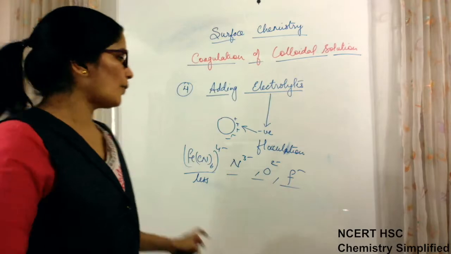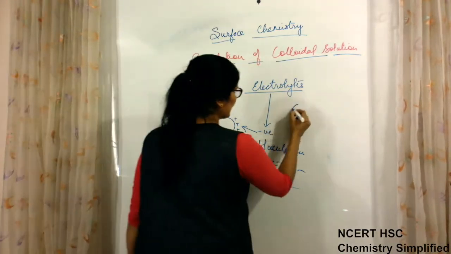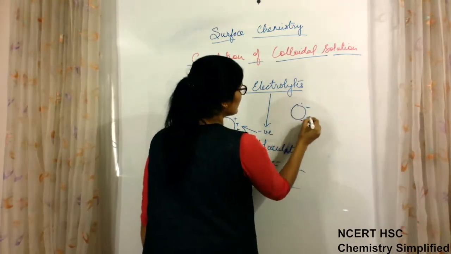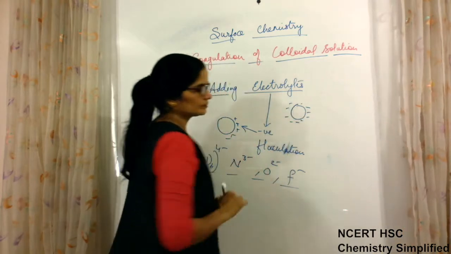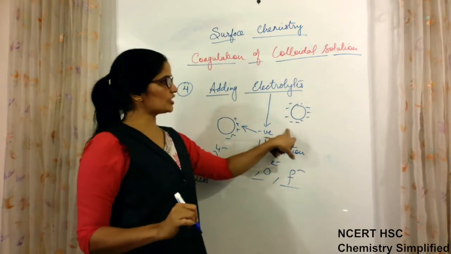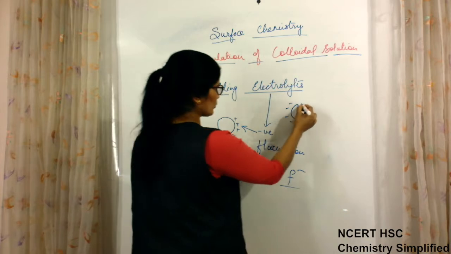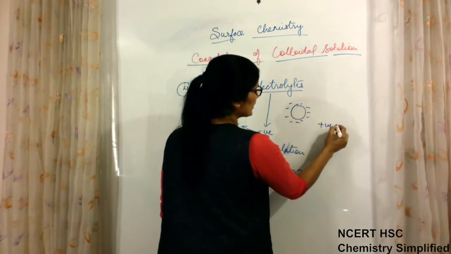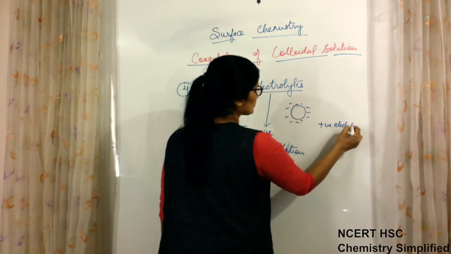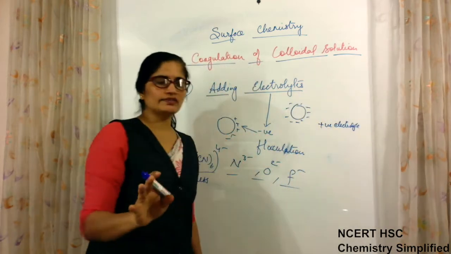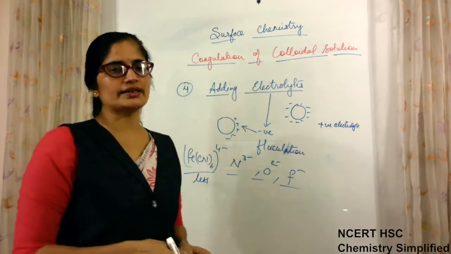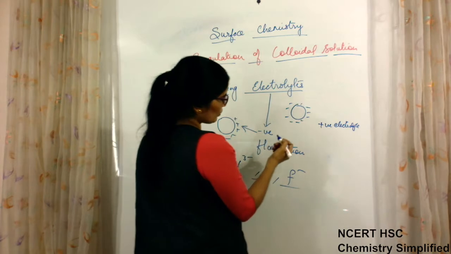Clear? Opposite to it, if a negatively charged sol is taken, then in that case what will happen? I will require a positive electrolyte. Means the electrolyte will have both charges but the positive will react with it. So in that case what will happen?